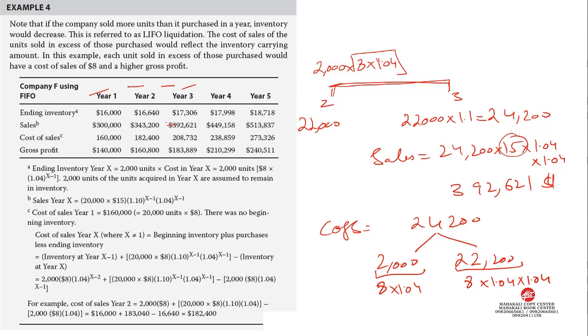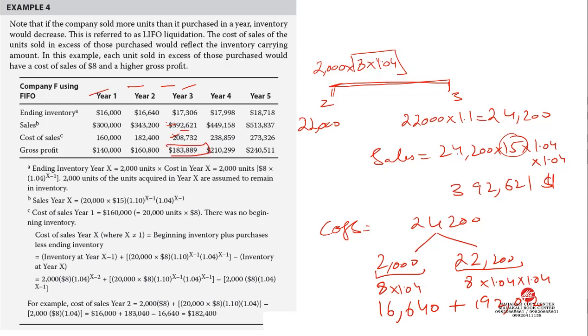So 22,200 into 8 into 1.04 into 1.04 gives us 192,092, and for the 2,000 into 8 into 1.04 gives us 16,640. If we add them up, we get 208,732. So we have our cost of goods sold. If we subtract it from sales, we get our gross profit.